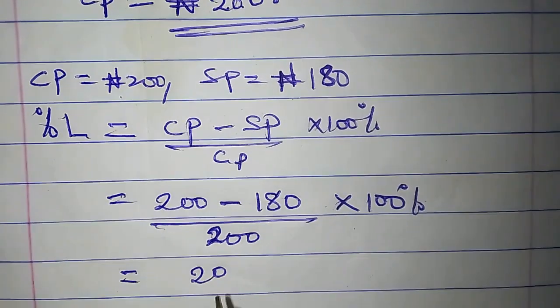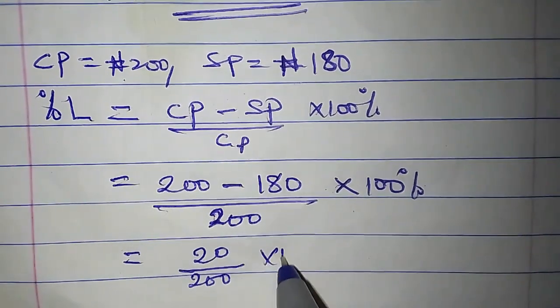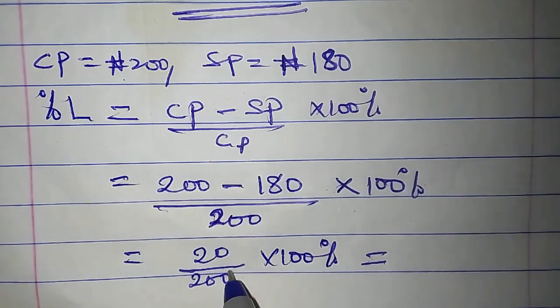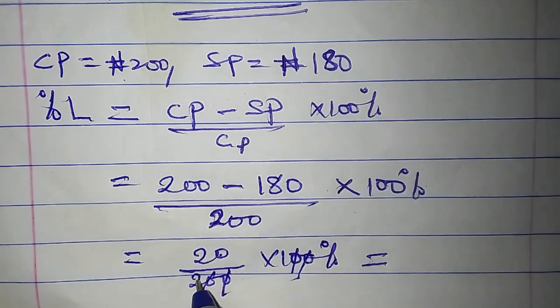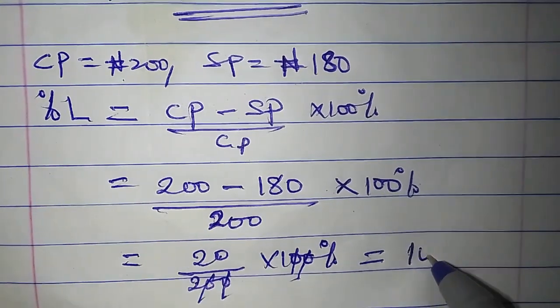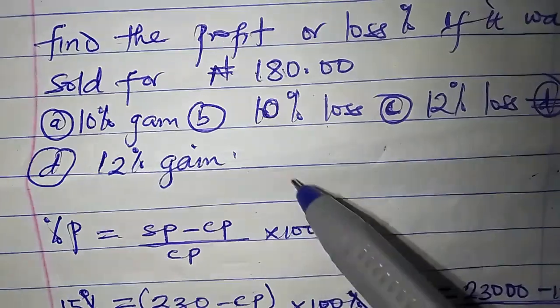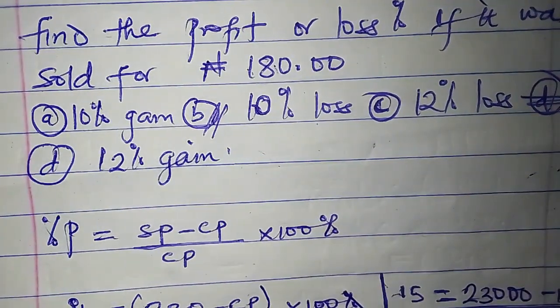So that's 20 over 200 times 100%. Alright. 0 cancels 0, 0 cancels 0. 20 divided by 2 is 10. So it is 10% loss. And that answer we can see under option B, 10% loss.